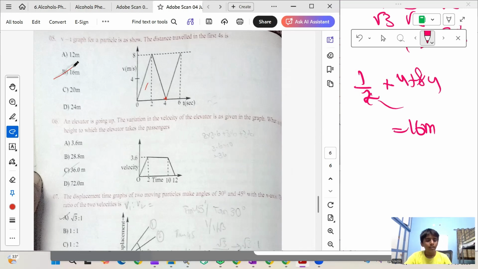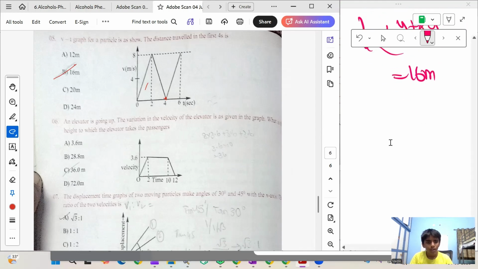6. An elevator is going up. The variation in the velocity of the elevator is as given in the graph. What is the height to which the elevator takes the passengers? So first here we have to find the total distance of this. Means this is a trapezium.